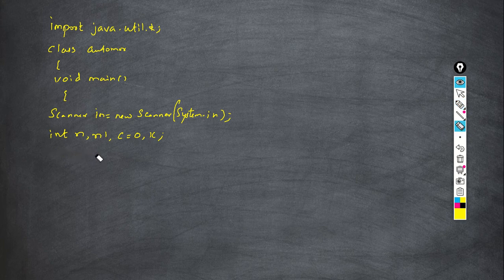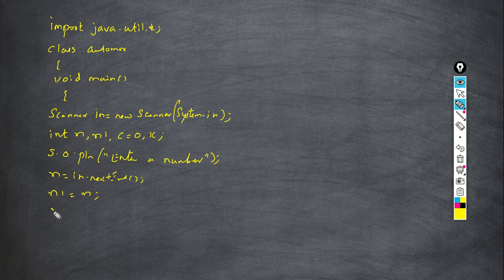So System.out.println, enter a number. After I enter a number, n is equal to in.nextInt. After I take the input of the number, I'm storing it in a new number n1.